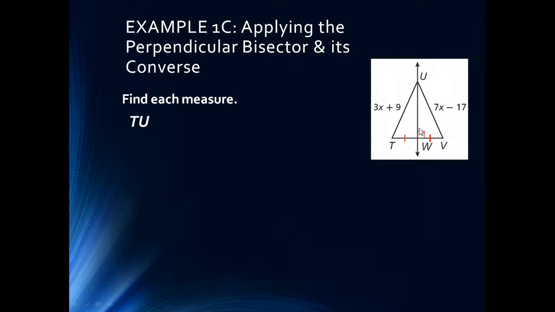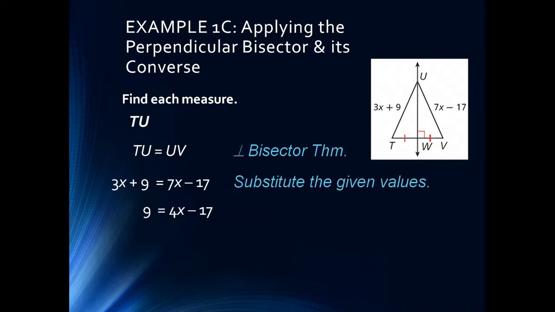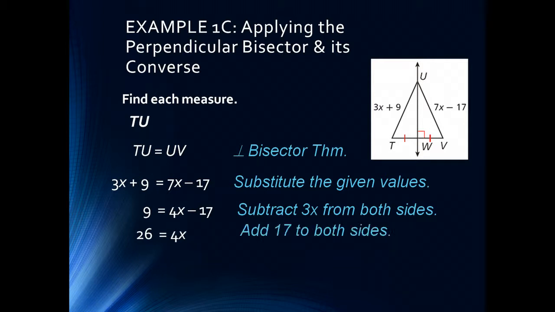So that must mean then that U is equidistant from T and V. So 3x plus 9 will equal 7x minus 17. If we set this up as an equation and solve, we subtract the 3x from both sides. We're going to add 17 to both sides and then divide by 4. We get that x equals 6.5.